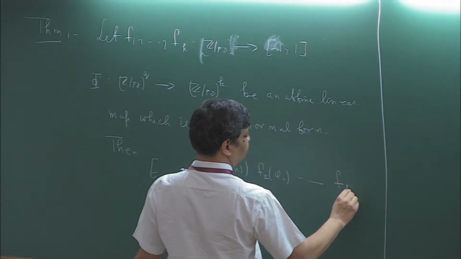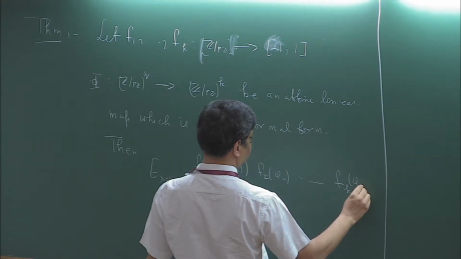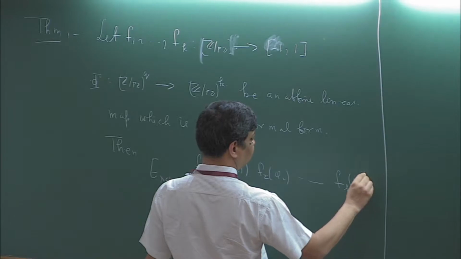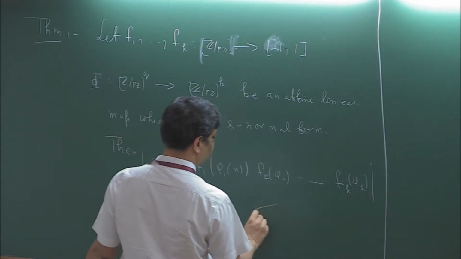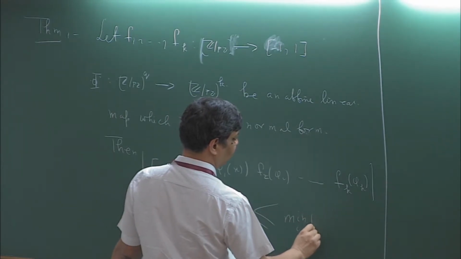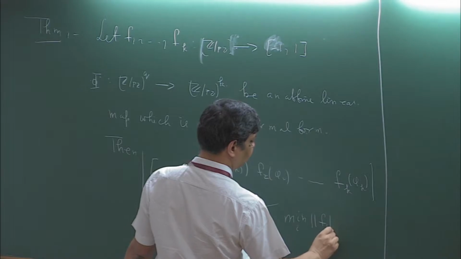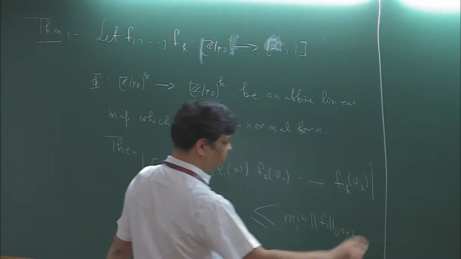the sum of f1 ... fk over phi ... is less than or equal to the minimum over i of the norm of fi in U^(s+1).